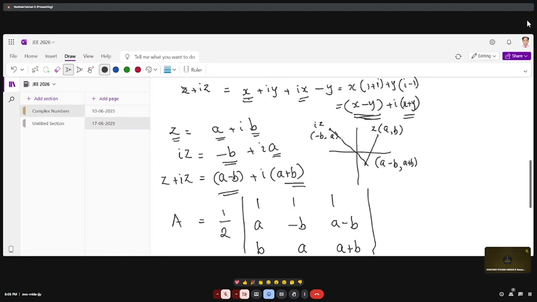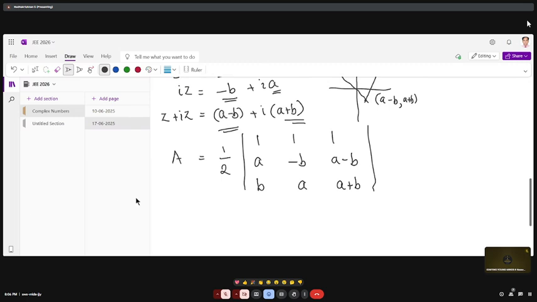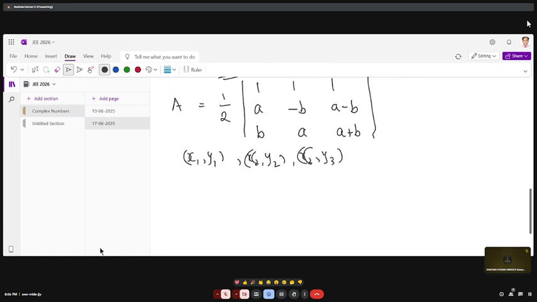If the three coordinates of the triangle are x1 comma y1, x2 comma y2, and x3 comma y3, then the area of the triangle, as we have seen in the determinant lesson, is half of this determinant. The first line you write as 1, 1, 1, and then you write the x1, x2, x3, and y1, y2, y3.